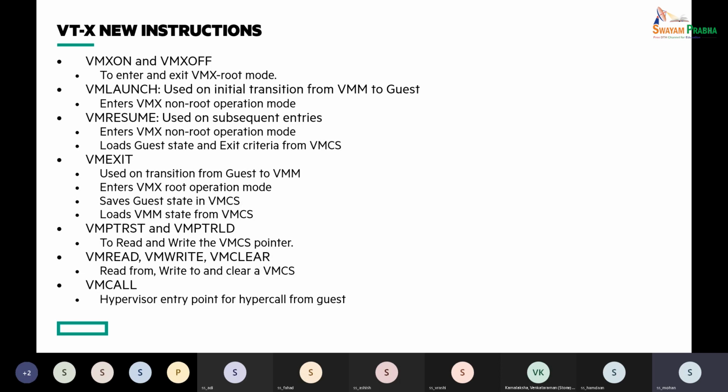Like I said, in para virtualization, you have guests actually calling into the VMM, and this new mode made it easier by creating an API called VM call, wherein you could do para virtualization. So the guest operating system could directly call into the hypervisor where it needed to, if it needed some kind of optimization in some code.